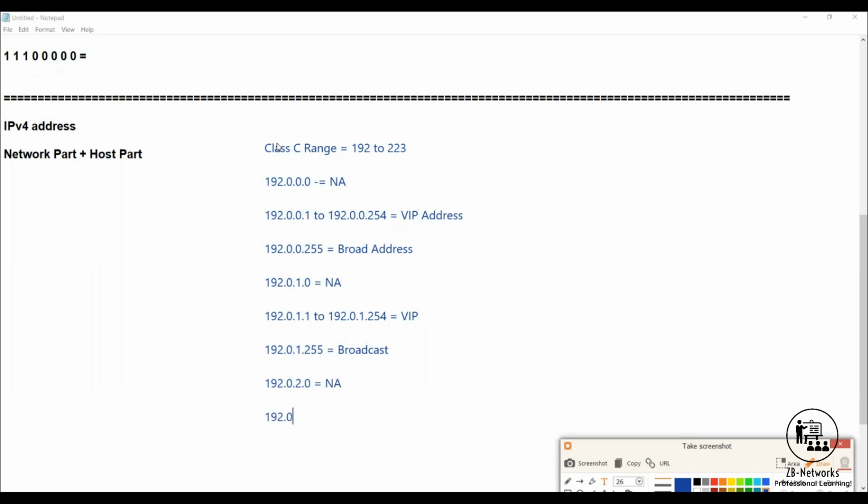Like that, you will get 192.0.3.0, 4.0, 5.0, so possible combinations will happen with all those values. The last network address of class C is 223.255.255.0. If you say the last valid IP of class C, this will be 223.255.255.254, right? That is how it is for class C.